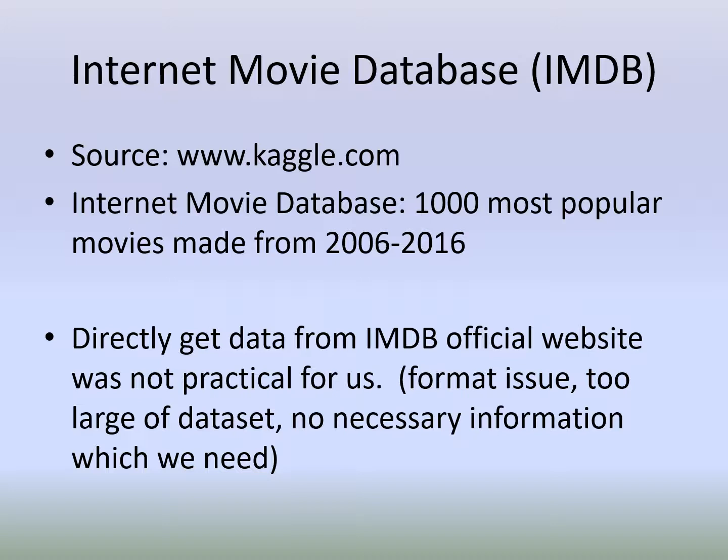So later we figured out we could download a database from kaggle.com. The author also used data from IMDb, but the format is much better, and this database includes the 1,000 most popular movies made from 2006 to 2016.